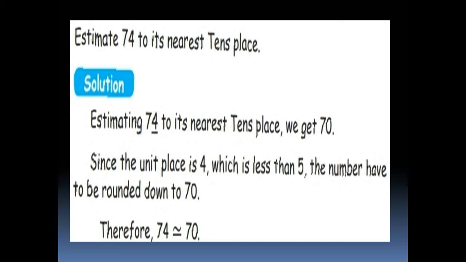The difference from 70 is only 4. But if you take 80, the difference is 6. So which is nearest? 70 is nearest. Now we can write it as 74 is estimated to 70. That means 70 is the nearest tens place for 74.